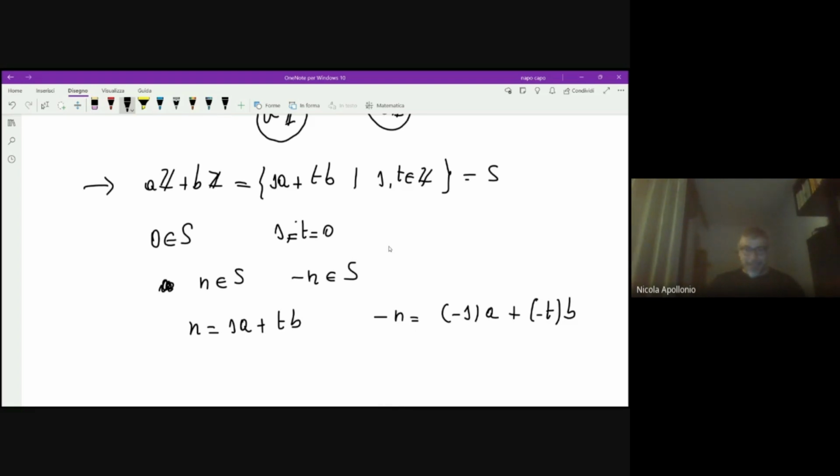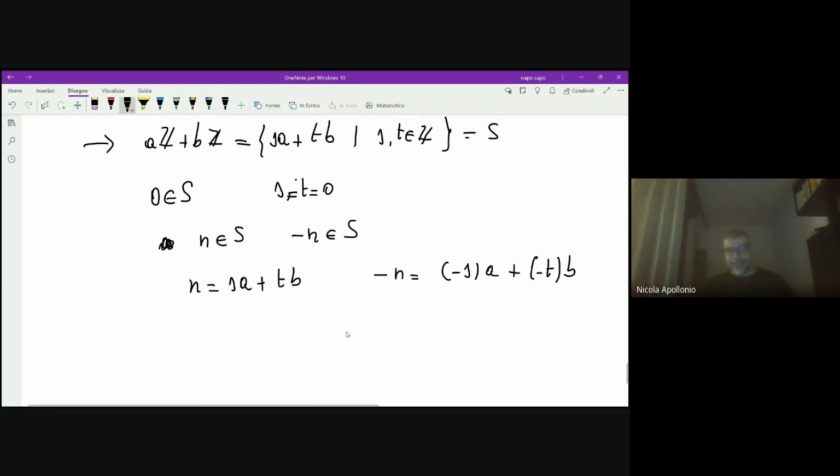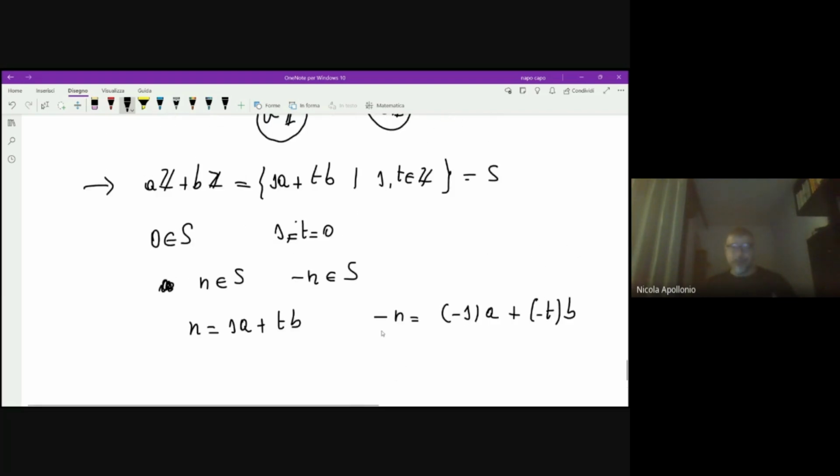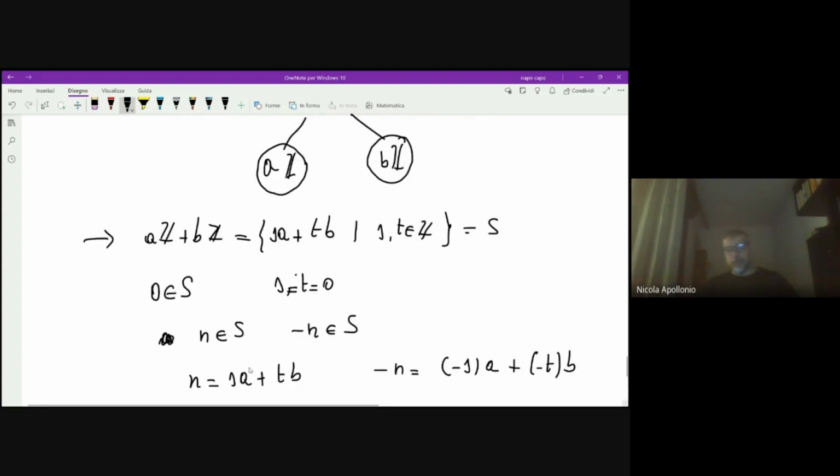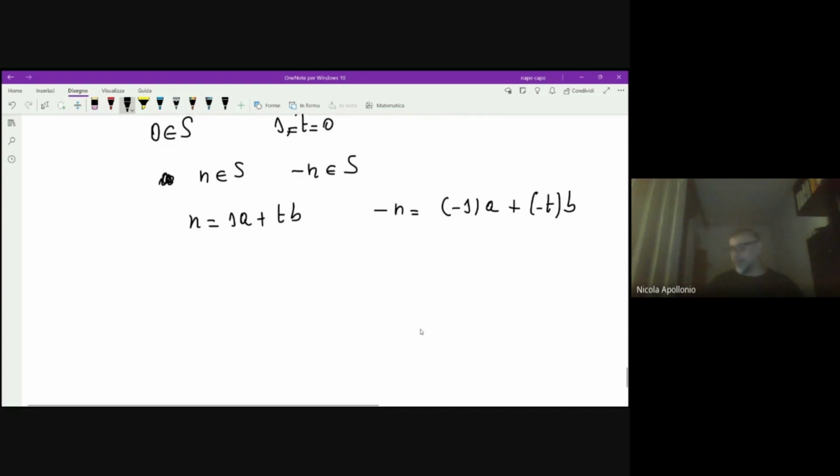I didn't say anything so far, but now it is to prove. So recall, S enjoys this property: 0 is in S. Whenever an element is in the set, its additive inverse is in the set, and it is also closed with respect to taking multiples, and this gives the structure. But we don't need the structure.